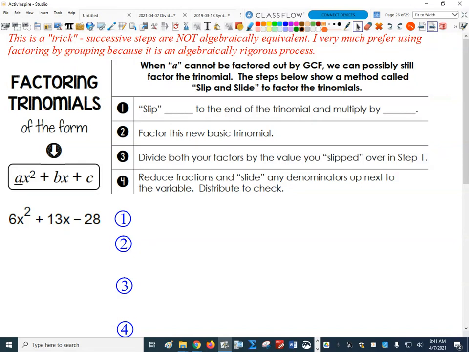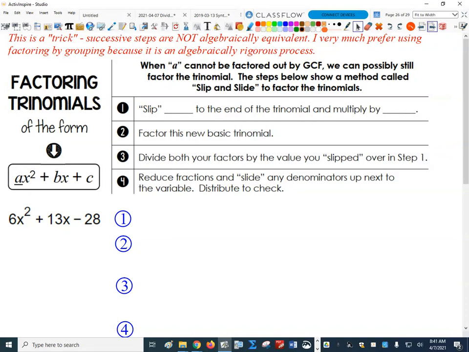I bet you've probably suppressed this because it wasn't very fun to do. But I think you would have seen this at some point. We're going to call it slip and slide now. That's the new vernacular for this, and it's what Mr. Morioka is teaching now, and I always like to do what Mr. Morioka does, so it's consistent.